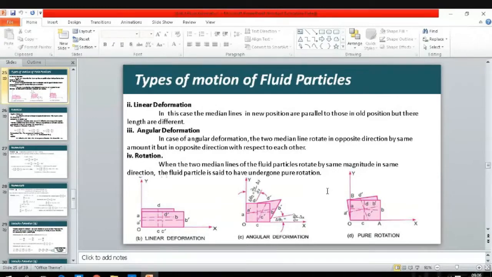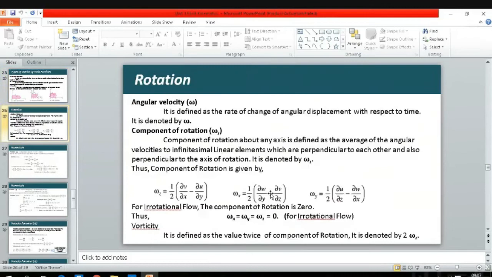Okay. But their length changes. Okay. Then in angular deformation, the medians of the fluid particle rotate by equal amount but in opposite direction. Okay. Then in rotation, the two median lines of a fluid particle rotate by equal amount in the same direction. So I think all this we had seen.